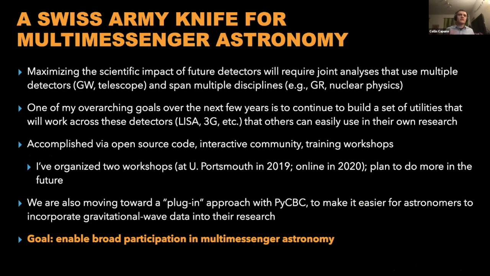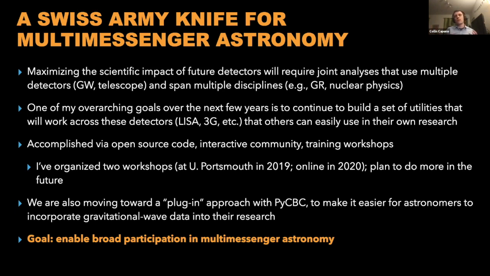More broadly, this is just one aspect of my overarching research goal over the next few years, which is to take these tools that we've been building for LIGO and start getting them ready to do these analyses with LISA and the next generation of detectors, to investigate what science can be done with them, and also to make the science case, especially for the 3G detectors, since they haven't been funded yet, to make sure these things get built.